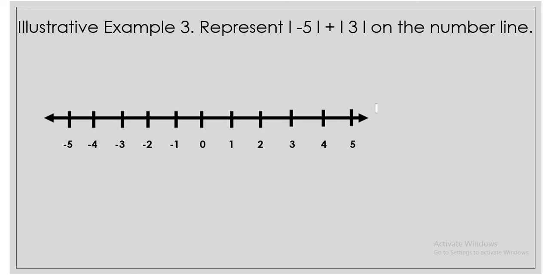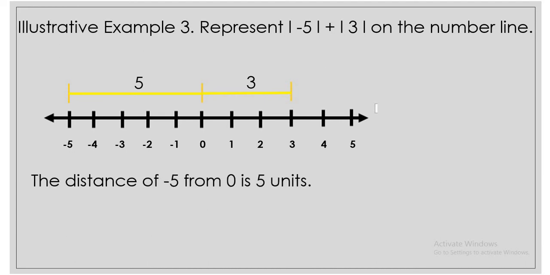Represent the absolute value of negative 5 plus the absolute value of 3 on the number line. Okay, so where is the negative 5? Here. Okay, then 0. So this is the distance from negative 5 to 0. While the other side is positive 3 to 0, and the distance is 3. So the distance of negative 5 from 0 is 5 units.